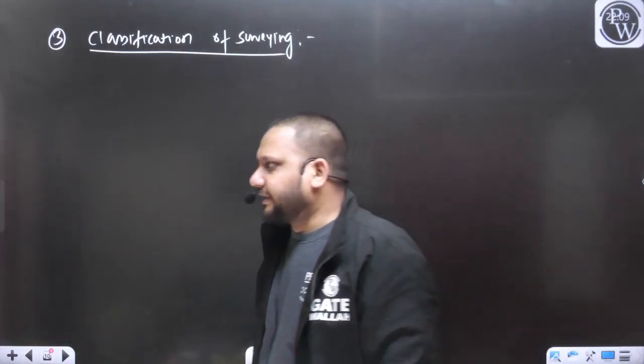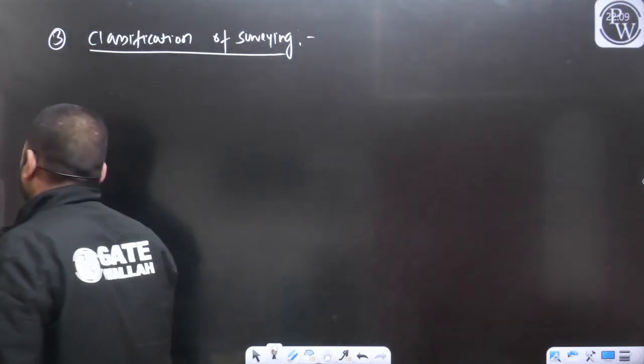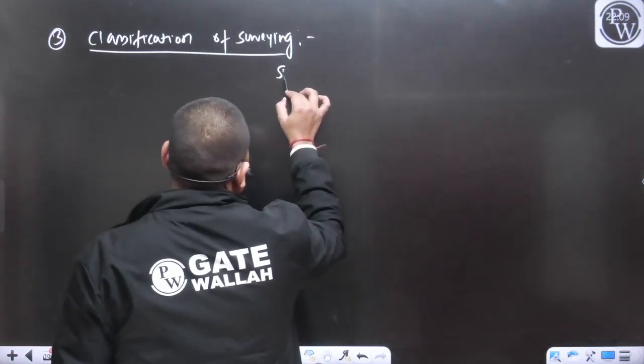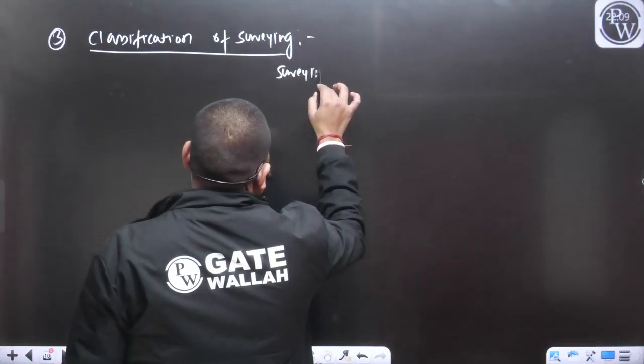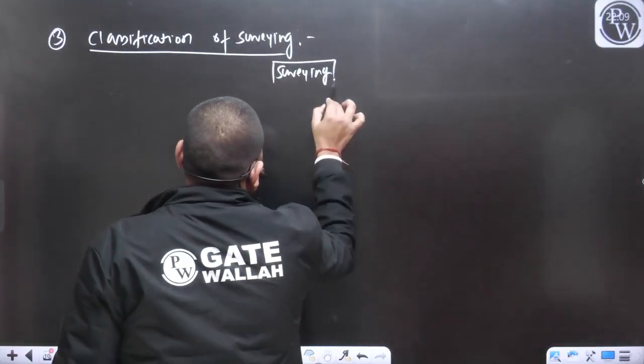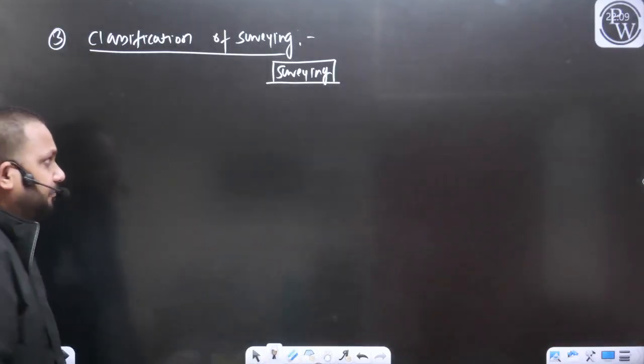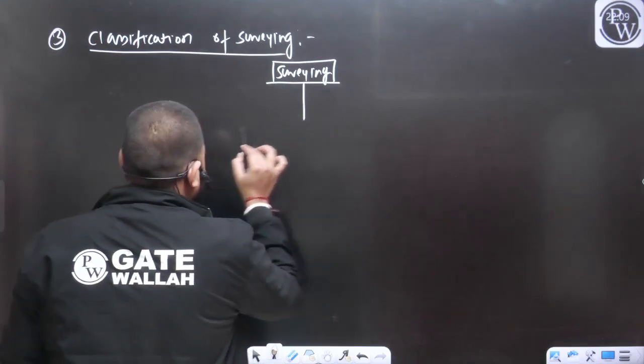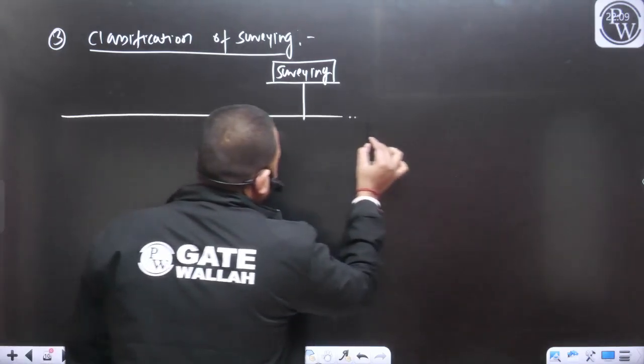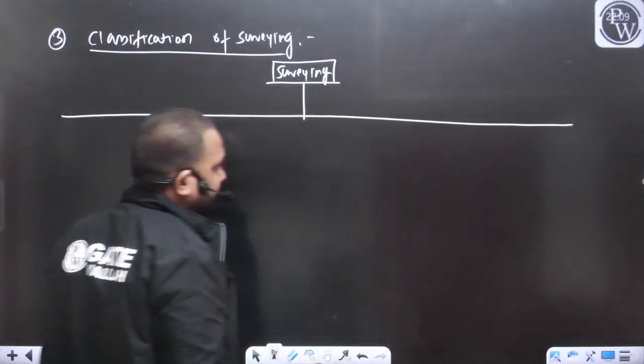Now we are going to classify the surveying. We can perform this classification on various bases. Listen carefully. We can classify our surveying based on the instrument used for the measurement.